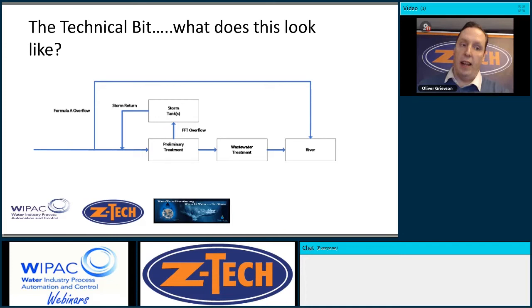Are we going to have to do more flow and load surveys or longer flow and load surveys? Or are we going to have to do more UPM modelling to define a treatment works or a system, the wastewater system's performance in wet weather conditions? But again, it's always been defined as 3 times DWF.